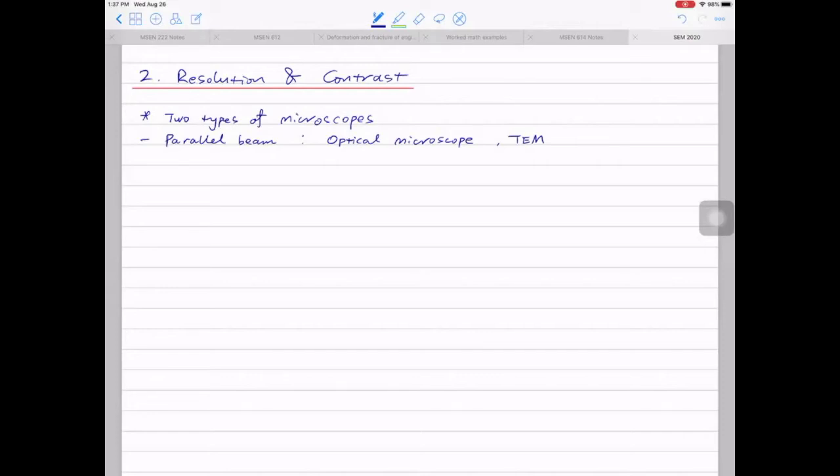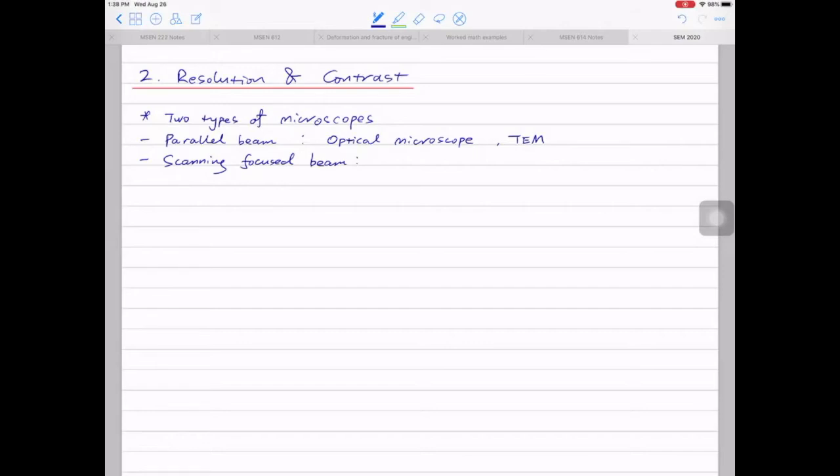The second type of microscope is scanning focused beam. For scanning focused beam, when you form the image, you actually acquire information pixel by pixel. Depends on the step size, depends on how long you dwell on each pixel. The time you take information from the first pixel will be different from the time you take information from the last pixel.